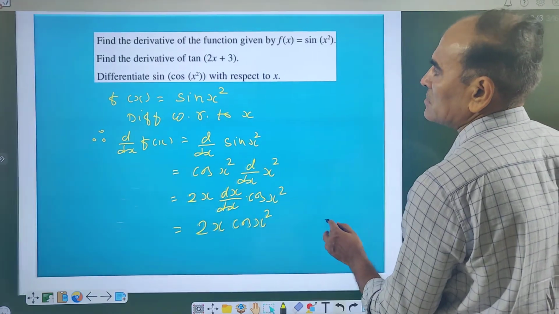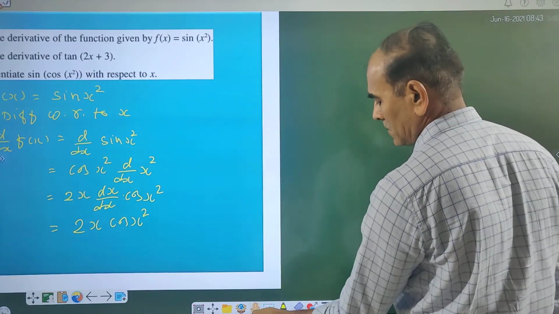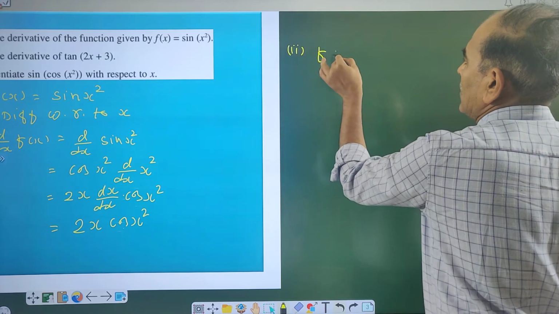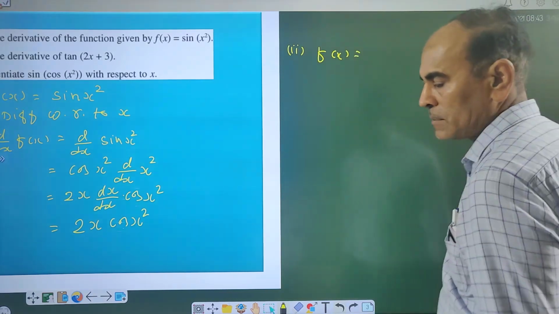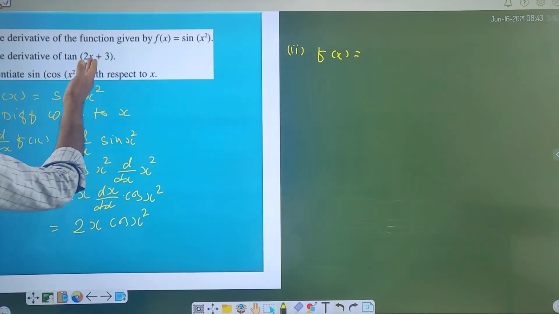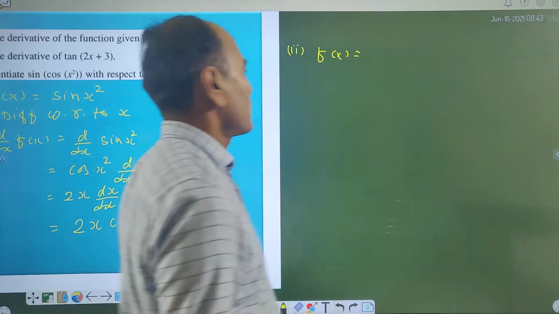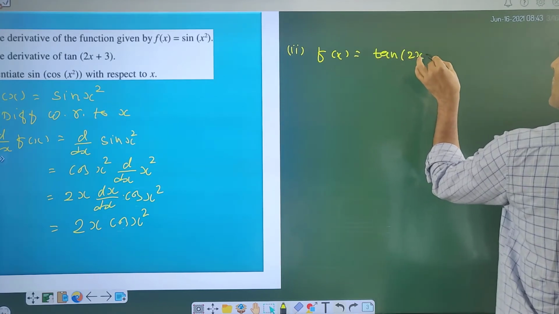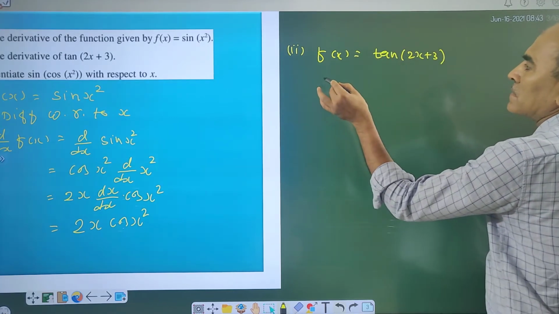Second part, what we want to see? f of x is equal to tan of 2x plus 3. Find the derivative.